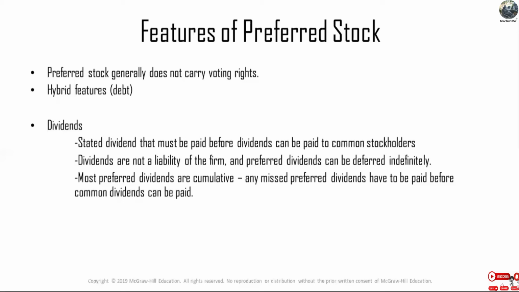If a company is not able to pay dividends for a certain year, then they have to pay them cumulatively later. Suppose, for a company's financial inability, they have not paid dividends for year 1 and year 2. But when they decide to pay in year 3, they have to pay the cumulative dividend in year 3 before the common stockholder.